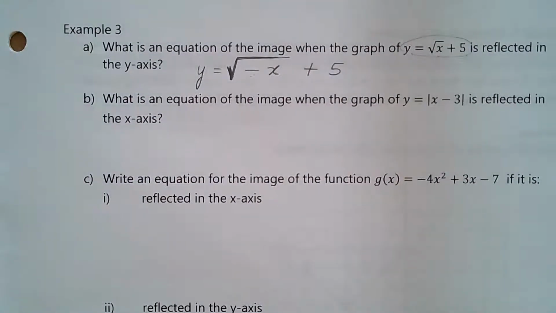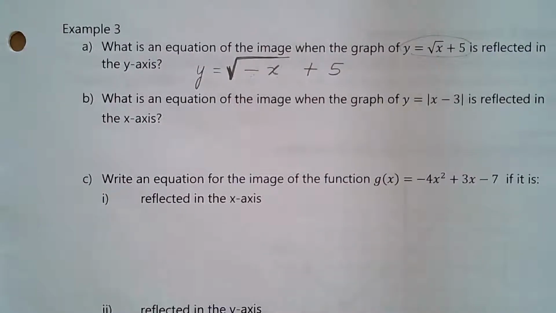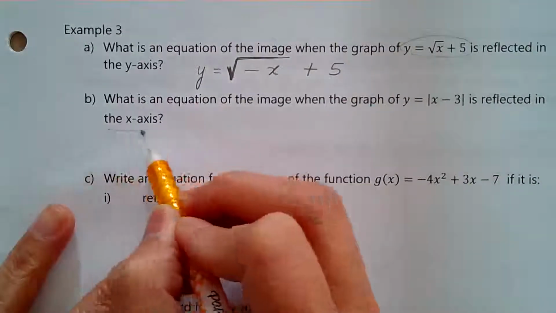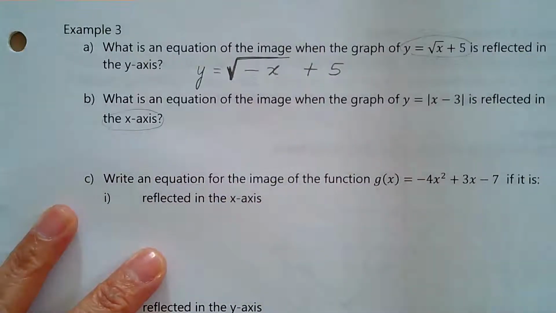Let's take a look at this one. What is the equation of the image when the graph of y equals the absolute value of x minus 3 is reflected over the x-axis?